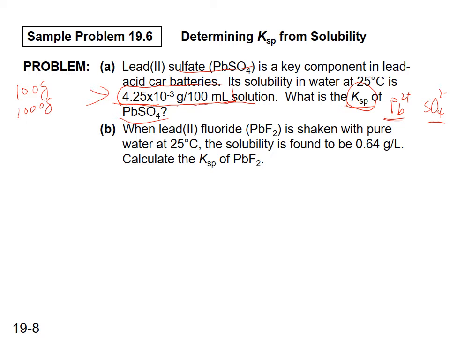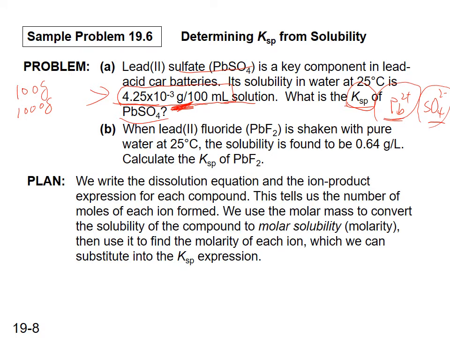That's the solubility. So using this amount, we can calculate how many grams lead ion, how many grams sulfate ion in the solution. And then we can calculate the molarity concentration. So we calculate the moles of each one, grams to moles, and then we calculate the molarity, and then we calculate the Ksp.